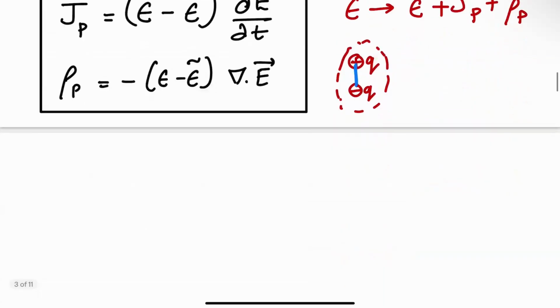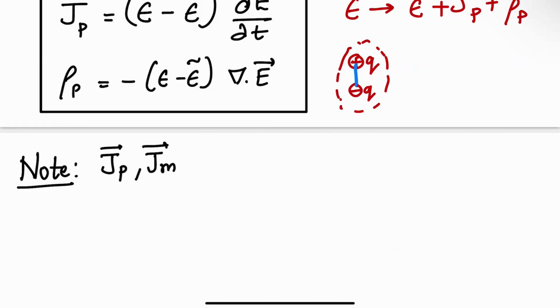Okay, so I want to make a few cautionary notes. So one is that these currents and charges, I'm just mentioning currents, but we can also mention charges, rho_p and rho_m, are dependent on the fields.